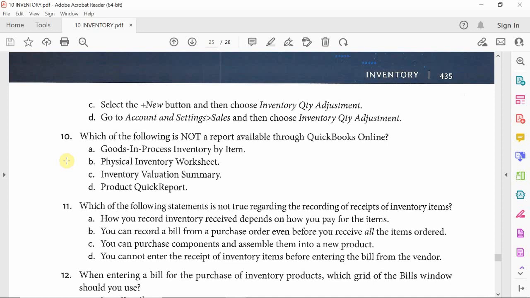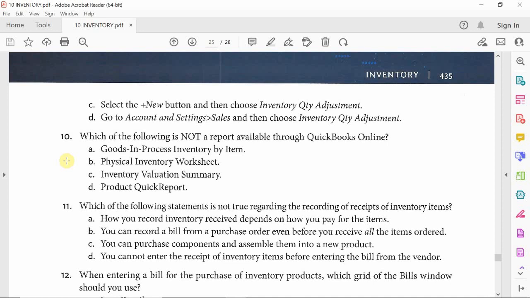Is it the goods in process inventory by item? Excellent. Because of the complexity of how much content is in the Plus subscription, unfortunately, you don't have this one.